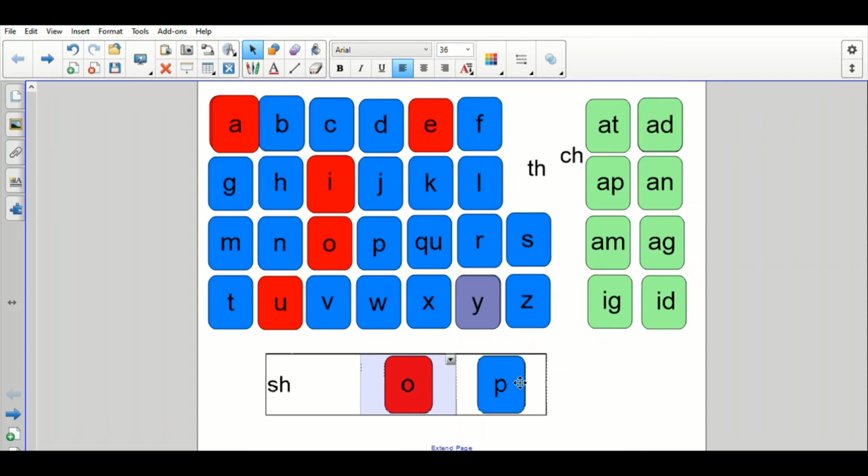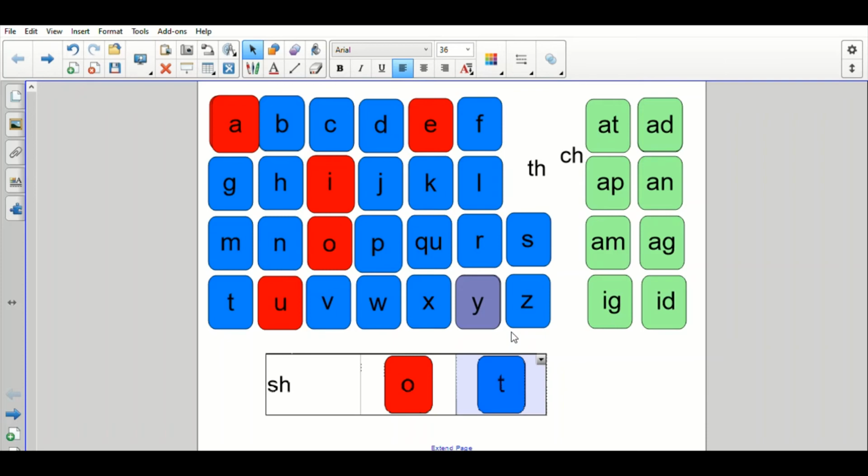Okay, I hope you erase the letter P to change shop to shot. Did you find the word shot? Good job.